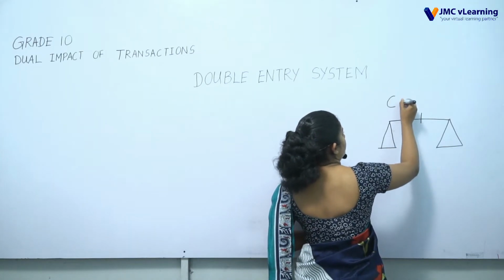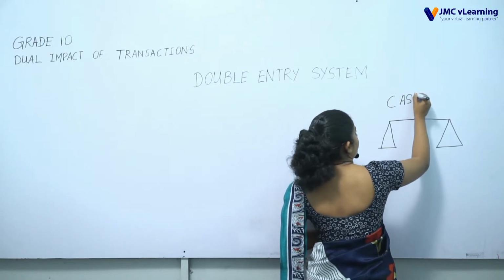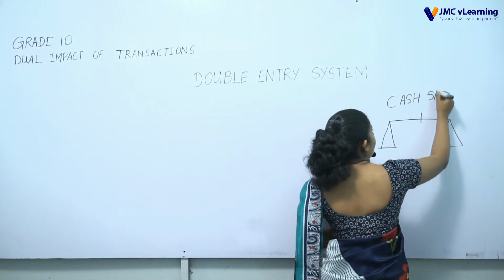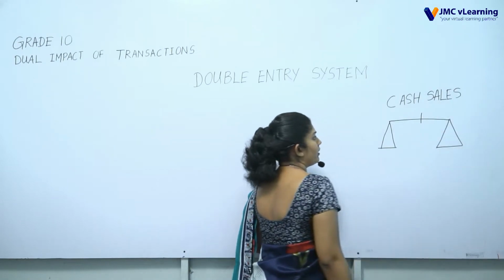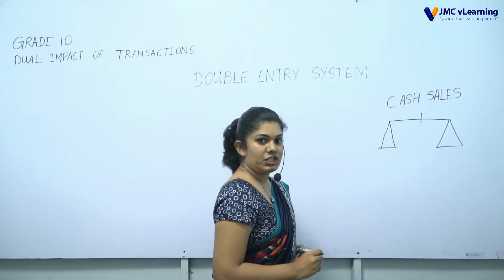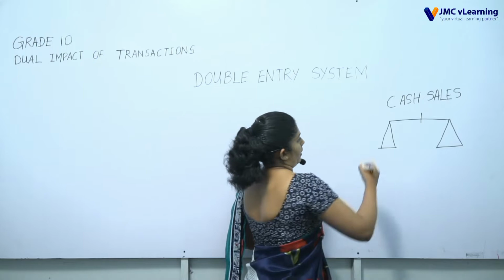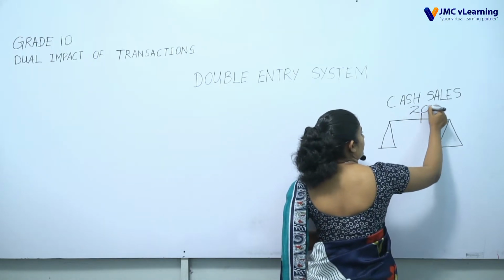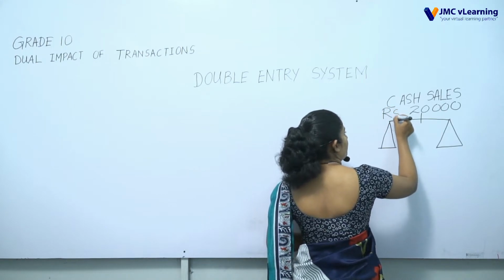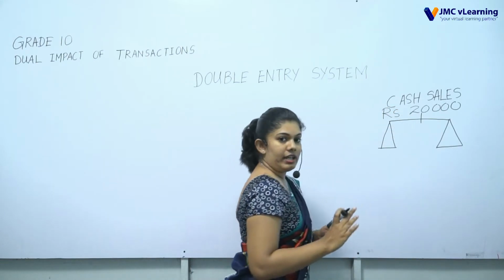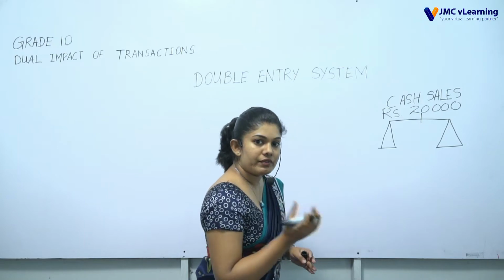Let's take cash sales. This is another common transaction in businesses. Say 20,000 rupees worth of cash sales. Let's see what the dual impact of this transaction is.